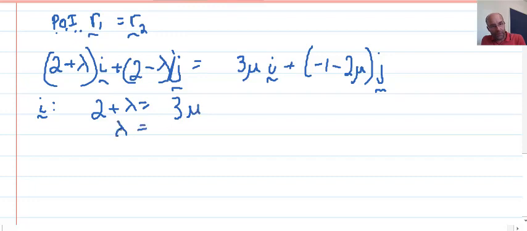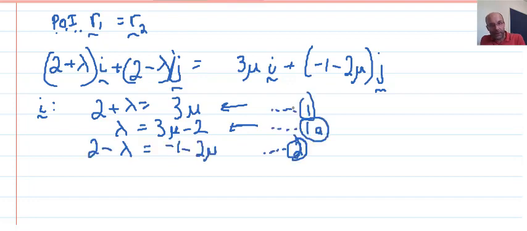So lambda equals 3 mu, take 2. Now by the way, if I didn't write this in, I could have left it like that and subtracted this equation with the one I'm about to generate, or I could keep going and use substitution, because we're going to use simultaneous equations.